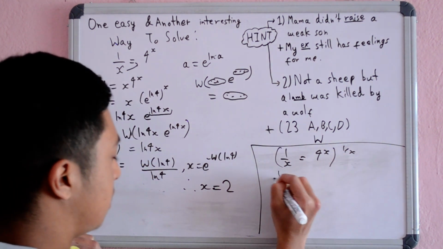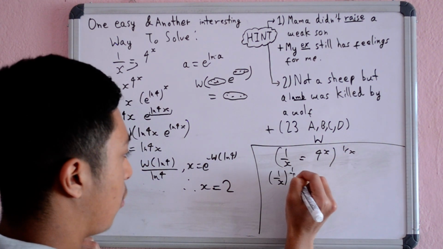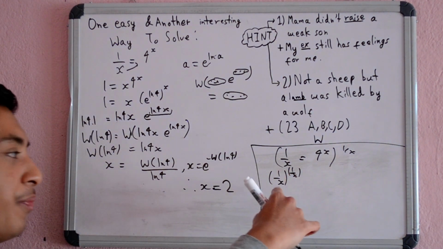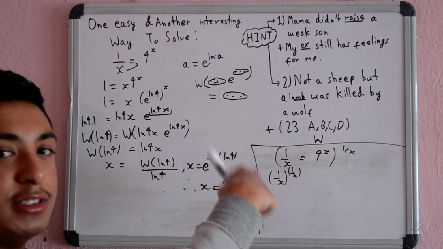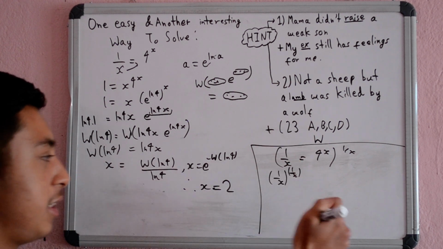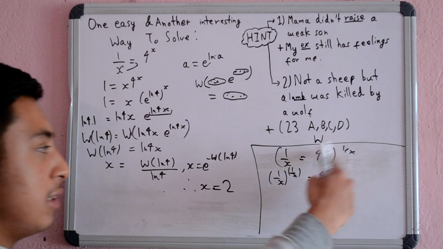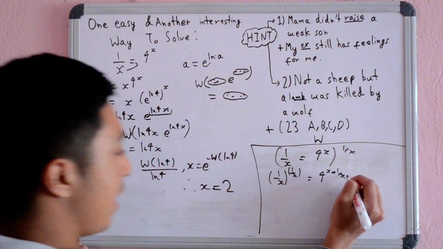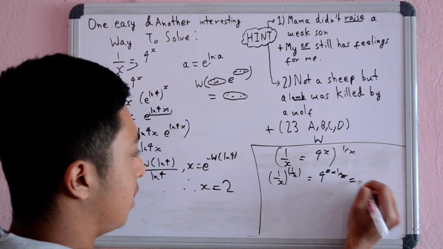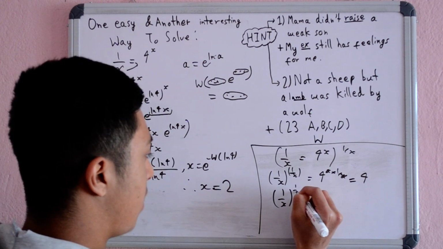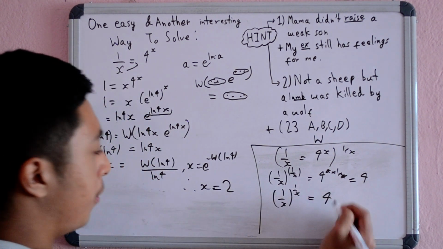What happens is the left hand side becomes 1 by x to the power 1 by x. So you see they both are the same. If you let z, you have z to the power z, so they both are the same, equals 4 to the power x, and due to indices law again, they will multiply, and x cancels, giving us 4.